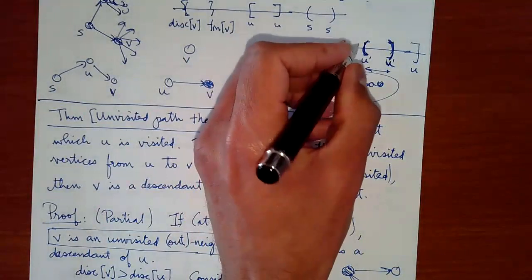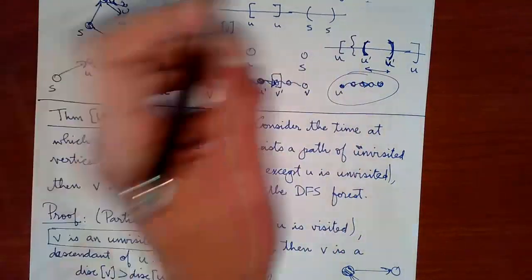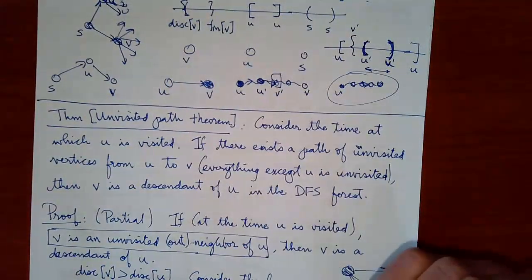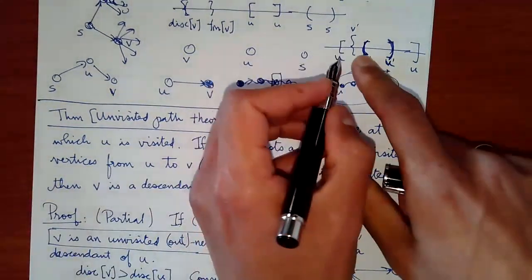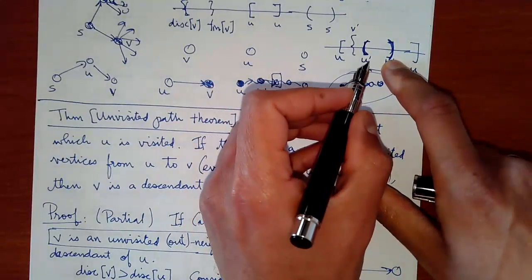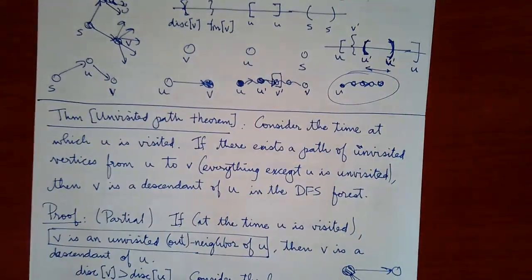So therefore V prime sits somewhere in here. And then the parentheses theorem will complete the contradiction. Right, so essentially, by the parentheses argument, it's either in here or it's in here. And in either case, you're done.